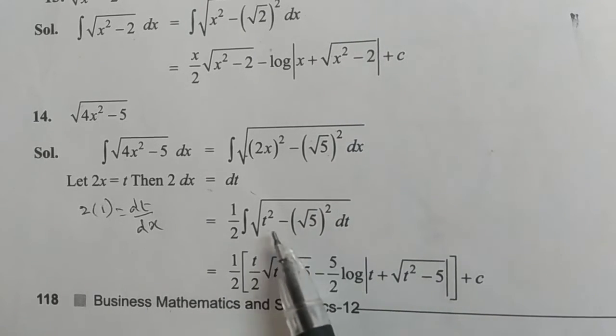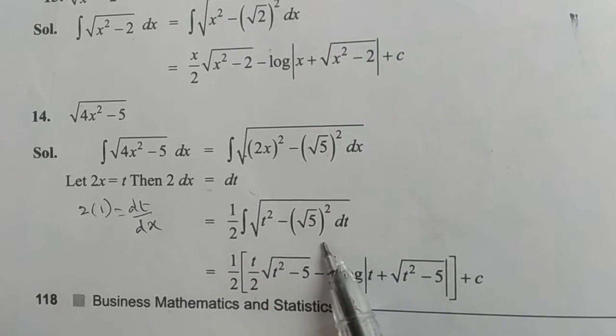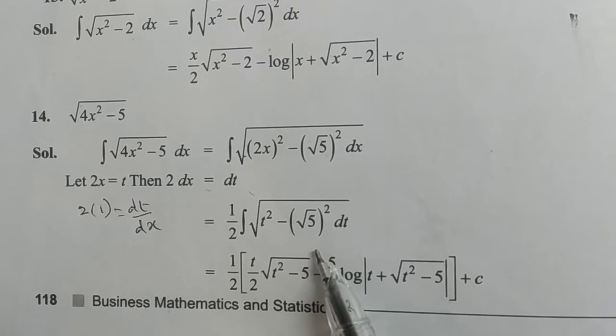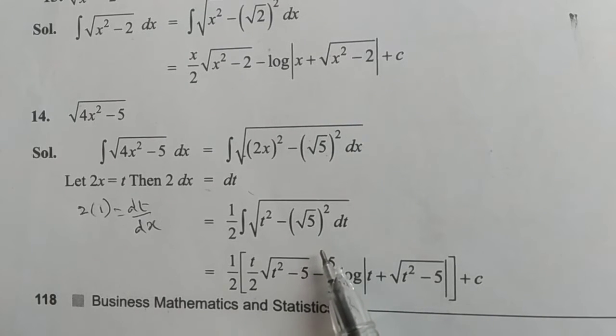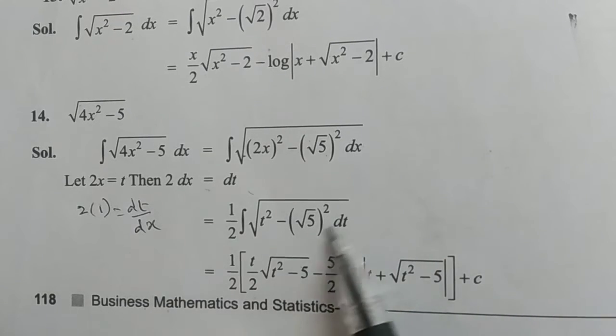So we know the formula for the integral of square root of x square minus a square into dx, which is equal to x by 2 square root of x square minus a square minus a square by 2 log modulus of x plus square root of x square minus a square. Apply this result.